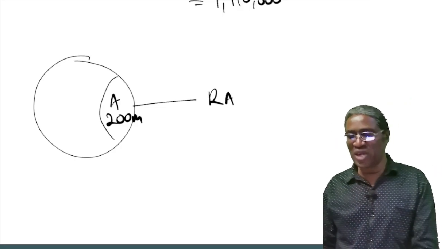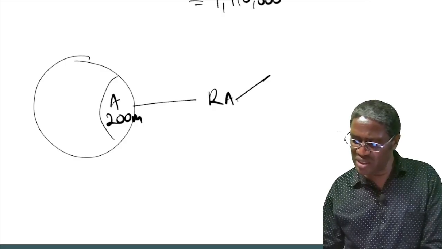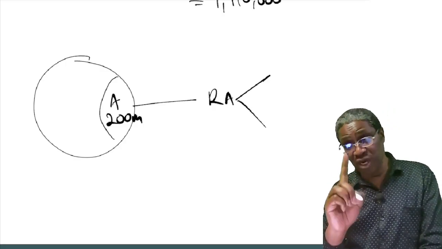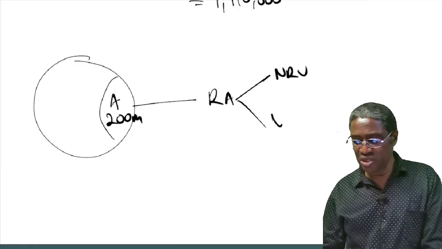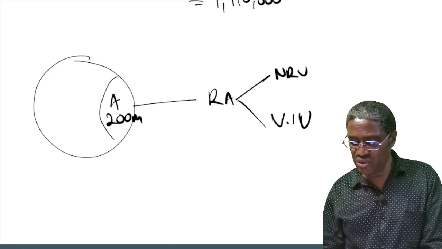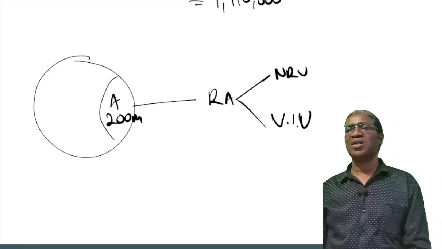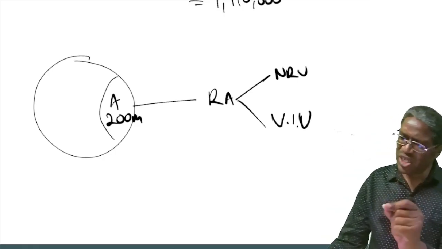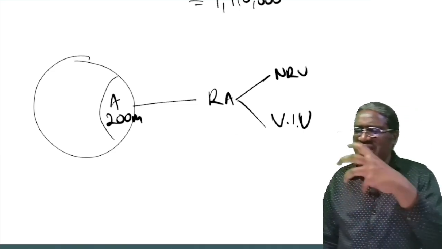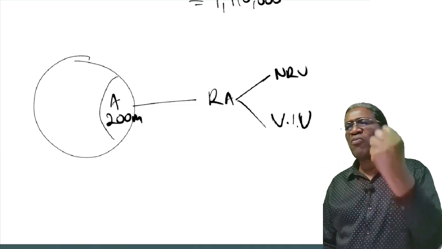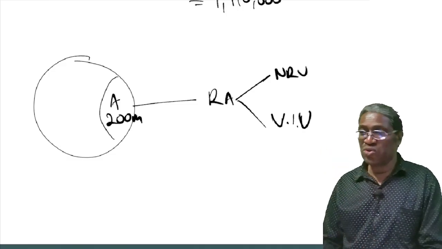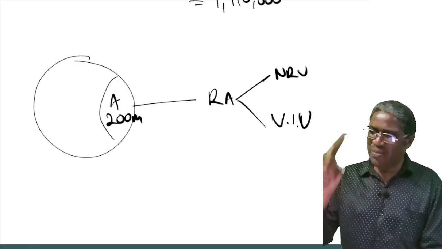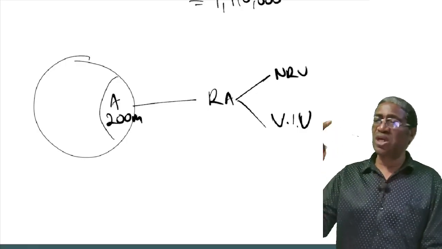To get it, you compare two values: one, net realizable value, and two, value in use. To get the value in use, get the present value of the estimated future cash flows.